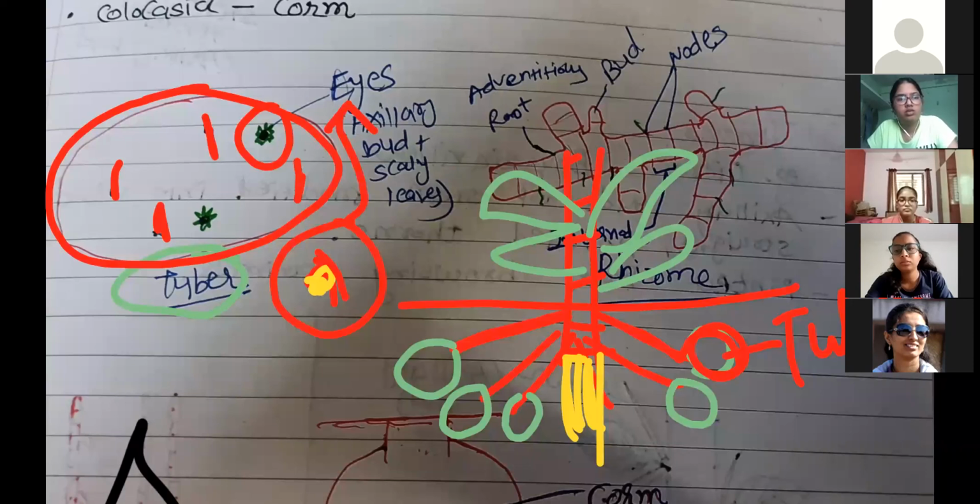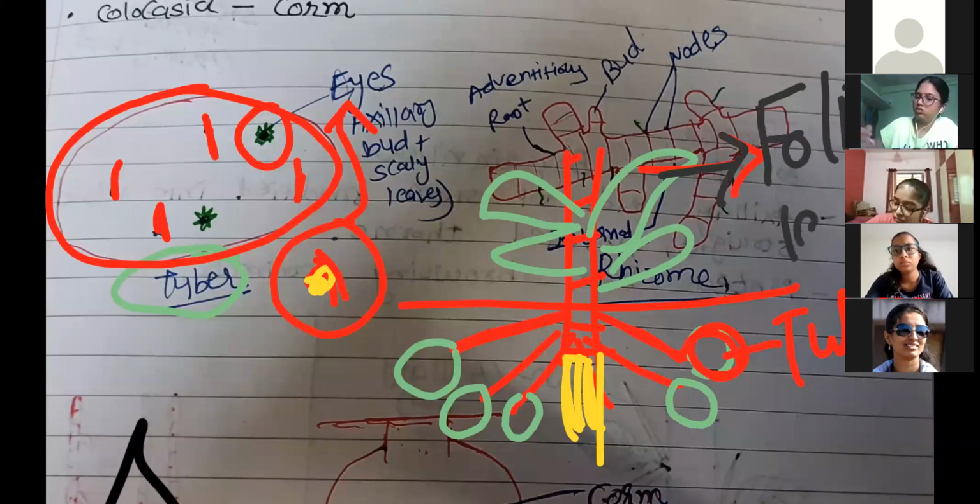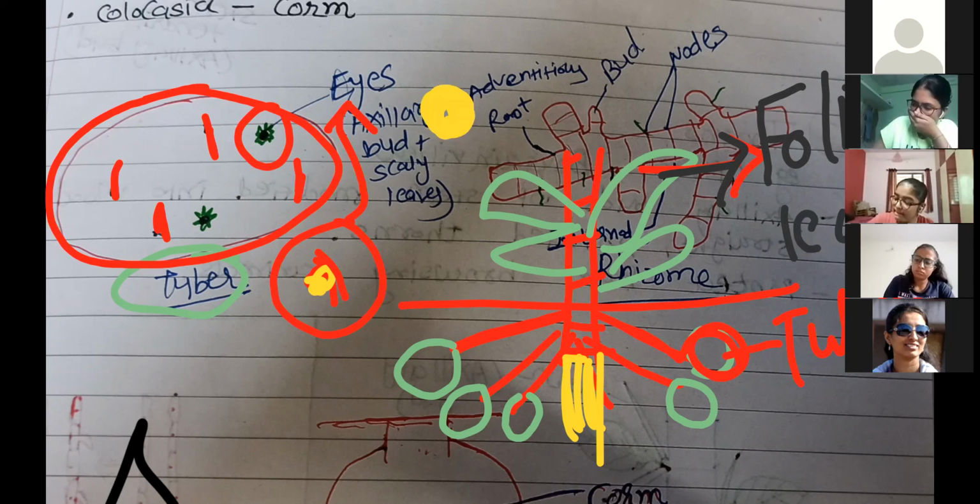Now, leaves are of two types. One we call the greenish color leaf, right? Another name, note down, foliage leaf. Foliage leaf means the leaf which performs photosynthesis, greenish in color. And where the bud is present, suppose over here the bud is there, whether it's an apical bud or the axillary bud, a mass of cells is present.